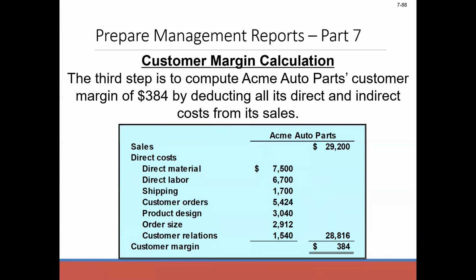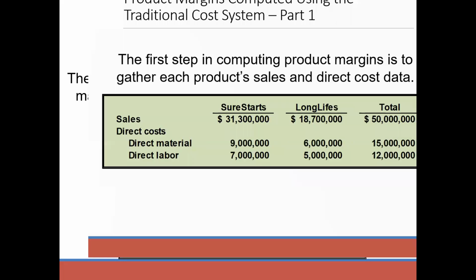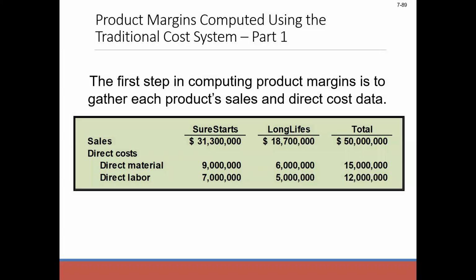So then if we break it down by those activities, we're really only getting $384 as a margin for this particular customer. It's just a different way of looking at it, guys.